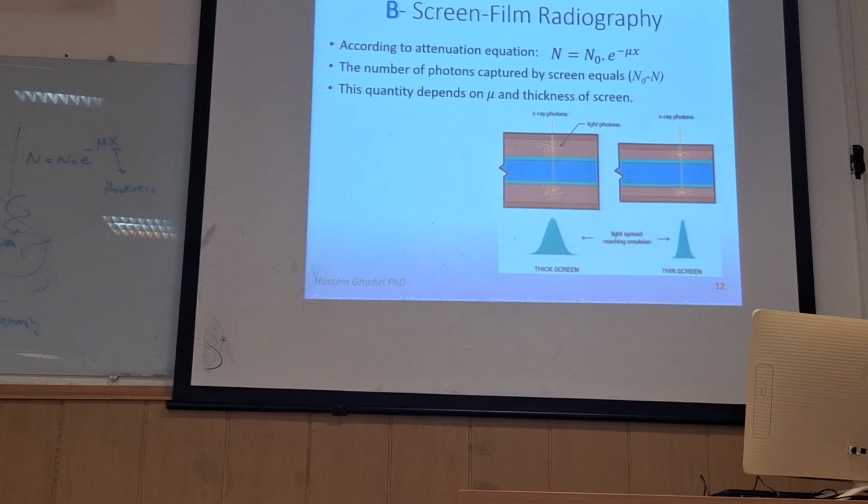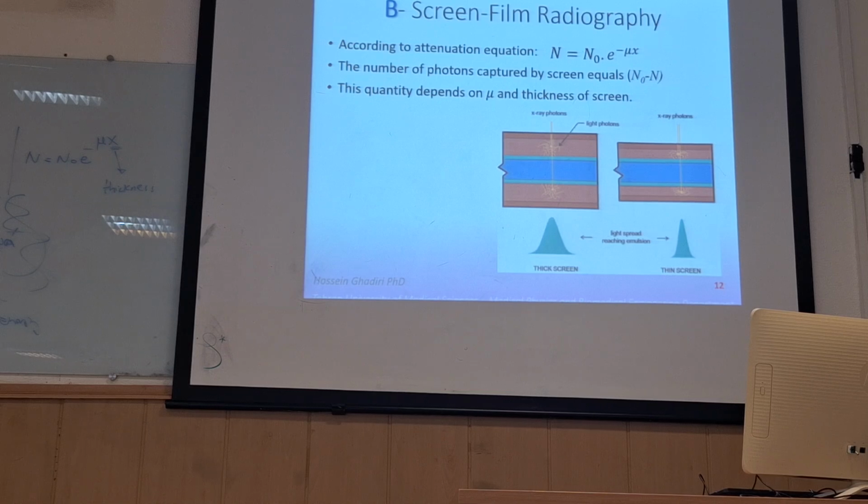But here, one photon with a small point of interaction makes a very large point here. We have somehow a distribution or a spreading of this point to a very large point.